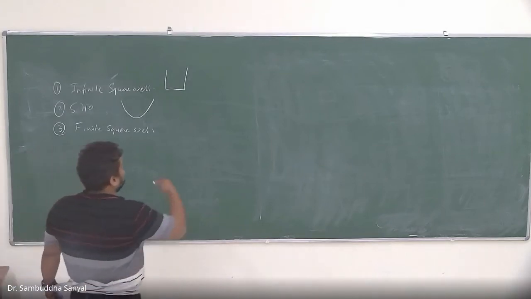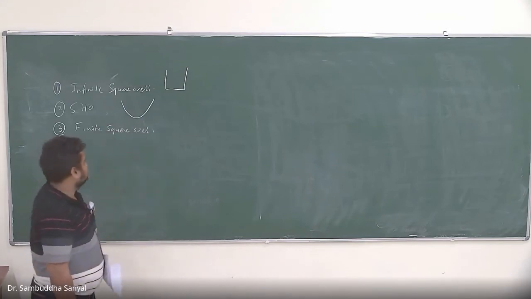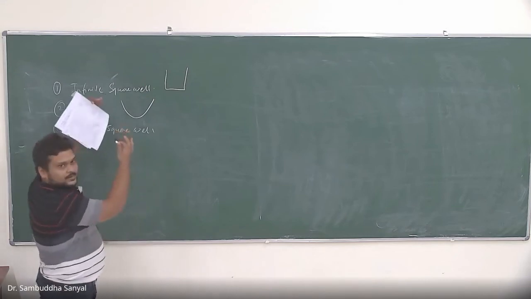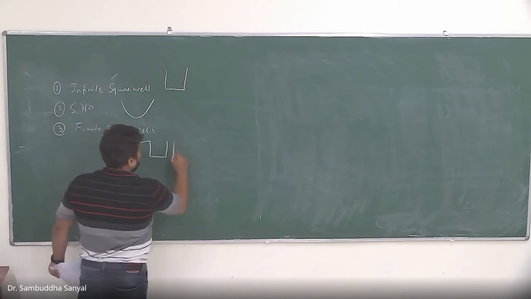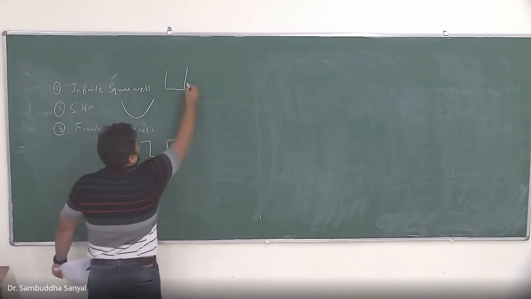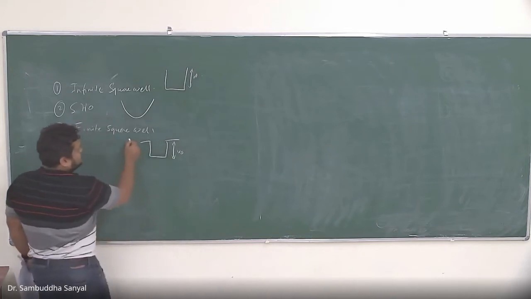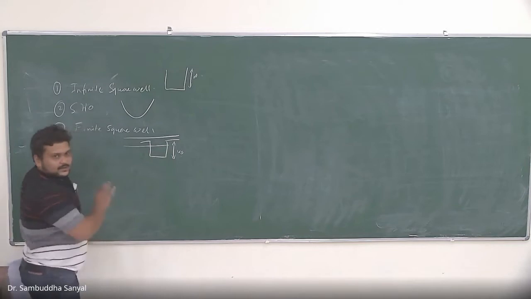That's why all the solutions were bound, oscillatory, and discrete. Same will happen here, but a little differently because it doesn't go abruptly to infinity. The finite square well has a finite depth, which means you can have energy above and below the depth, and they will have different properties.